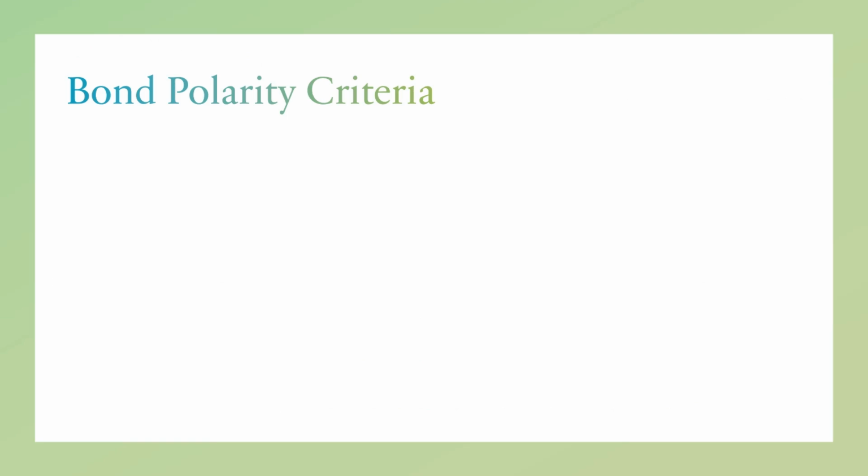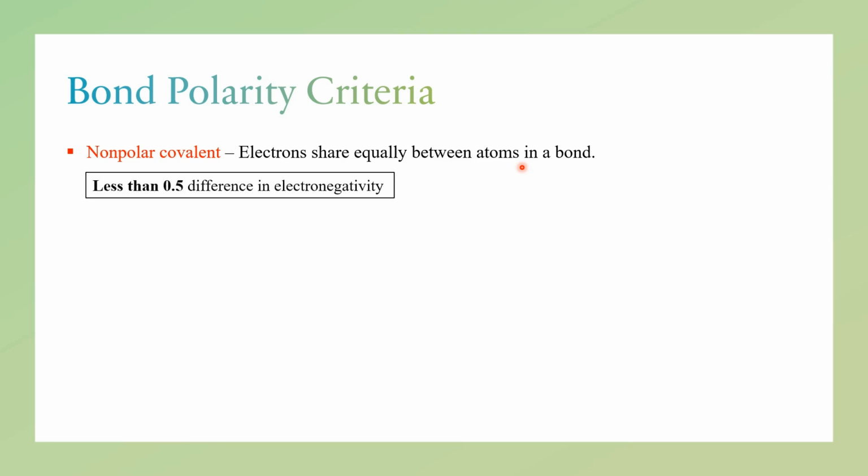So what is the criteria for bond polarity? Nonpolar covalent: electrons are shared equally between atoms. On the previous slide you noticed the F2 molecule. In F and F the electrons are shared equally, so we call it nonpolar covalent. What is the limit?